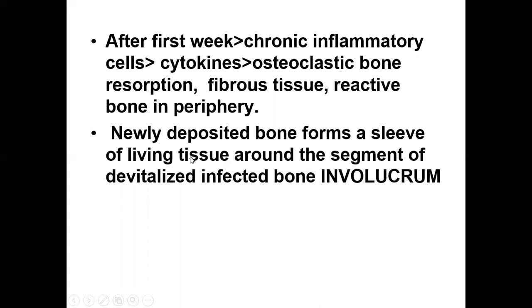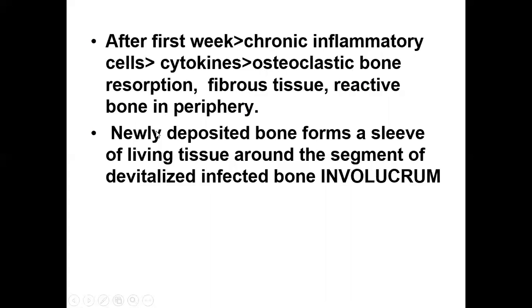So after the first week of acute infection, there is chronic osteomyelitis, that is chronic inflammatory cells. They secrete cytokines, and then there is resorption of bone by osteoclasts, and fibrous tissue formation, and in the periphery there is reactive bone formation.